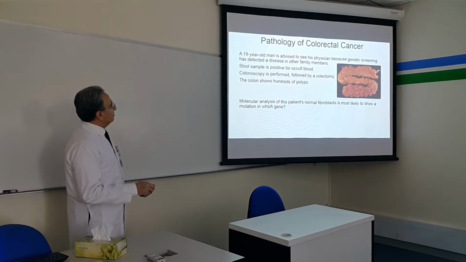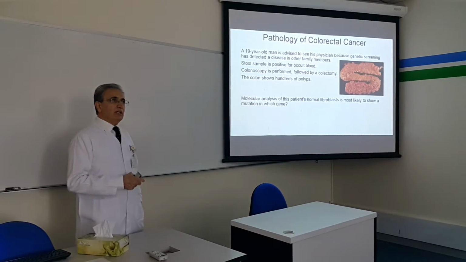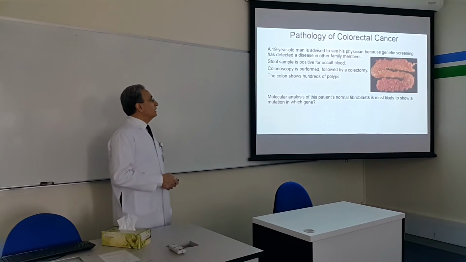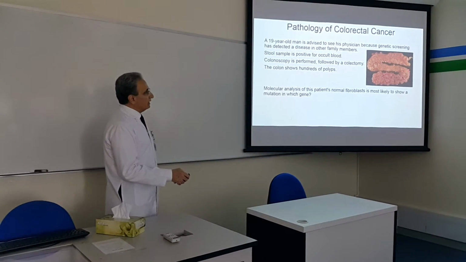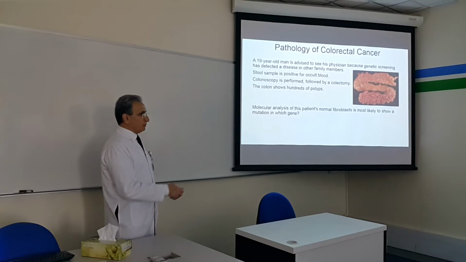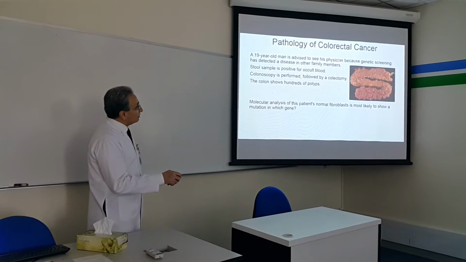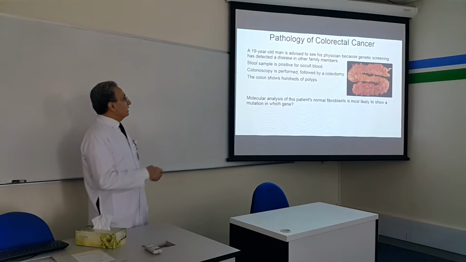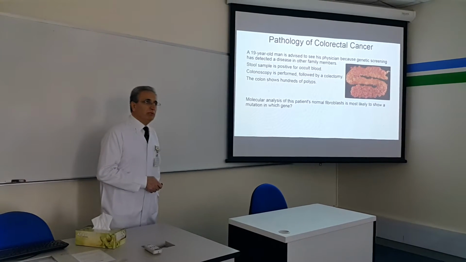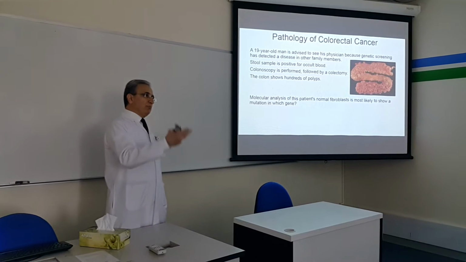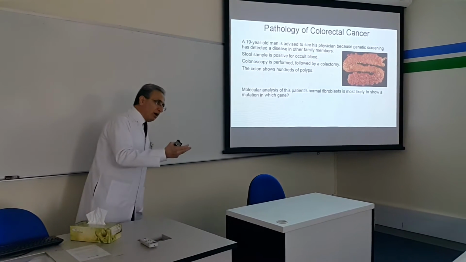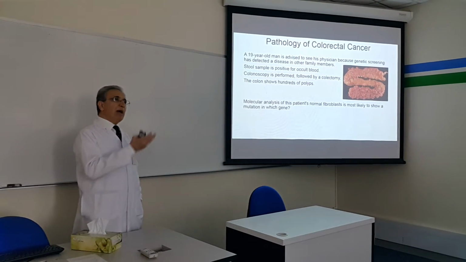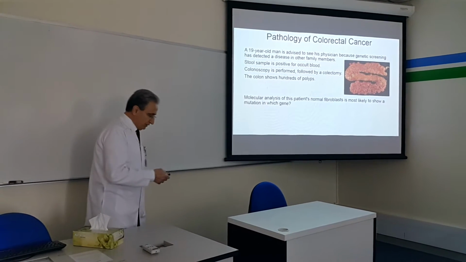Colonoscopy means you do a procedure to look inside the colon. We've seen so many polyps here, and that's why colectomy was performed, given the genetic background in this family. Although he is young, we've done the colectomy to avoid further development of more polyps. We will see in a moment what is really the background of formation of these polyps.